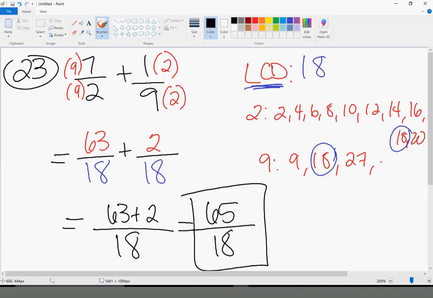And I can leave my answer just like that, because the test says to write it as an integer or reduced fraction. So we do not want a decimal. And if you use the least common multiple to add it, then your final answer is already reduced. So you're good to go. The answer is 65 over 18.